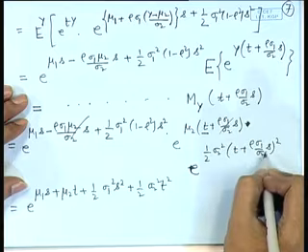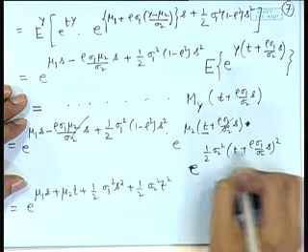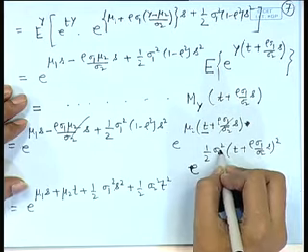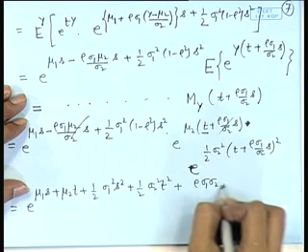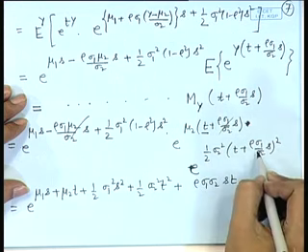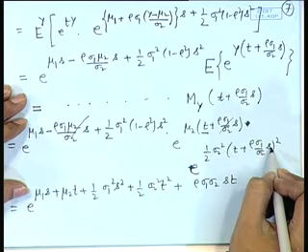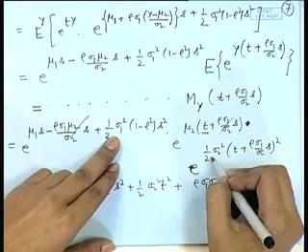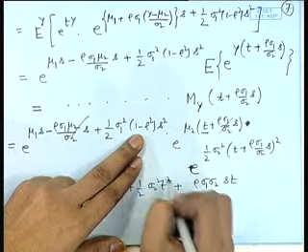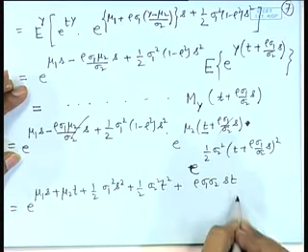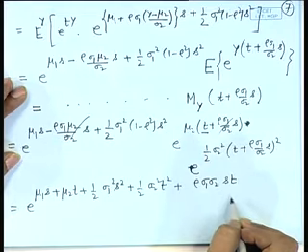Now, when we take a square here, it is becoming twice rho sigma 1 by sigma 2 s t. So, with sigma 2 square, you will get it as plus rho sigma 1 sigma 2 s t, and the square term here, rho square sigma 1 square s square with a half here, will get cancelled with minus half sigma 1 square rho square s square. So, we are left with this term as the MGF of the bivariate normal distribution.